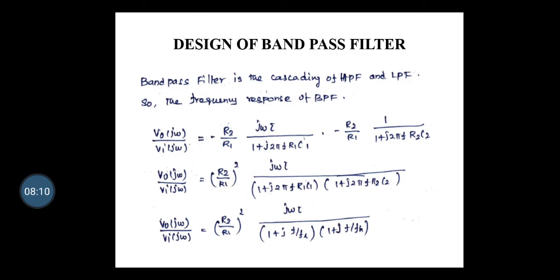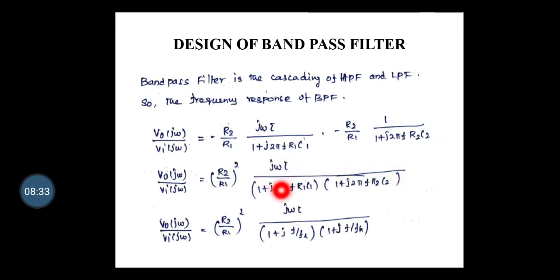Okay, so in the design we are going to directly multiply the response of lower cutoff frequency and upper cutoff frequency. So this is the lower cutoff frequency and upper cutoff frequency, and finally after multiplication these two will be in a square manner, then minus times minus will give plus R2 by R1 square j omega tau divided by this term and this term.